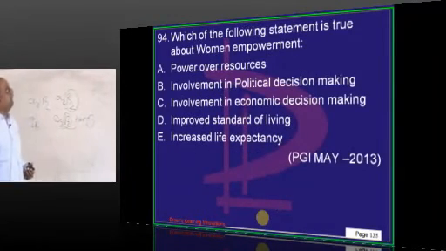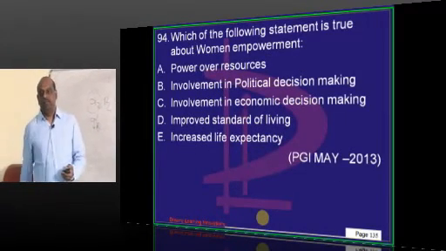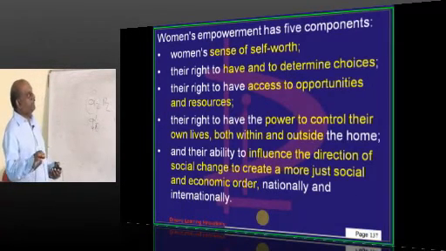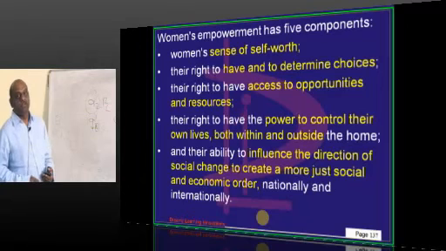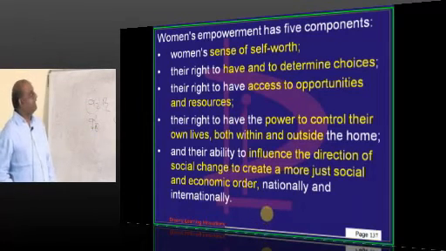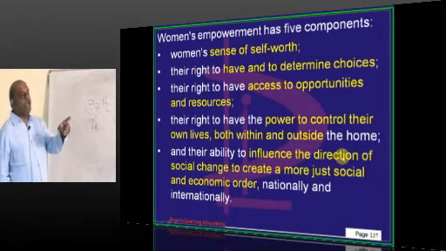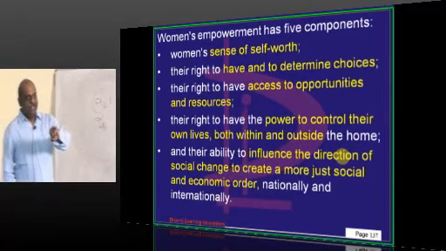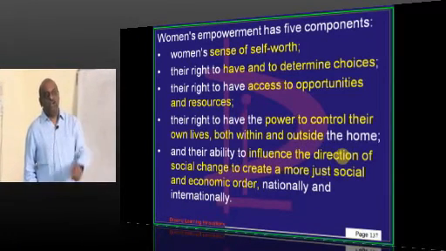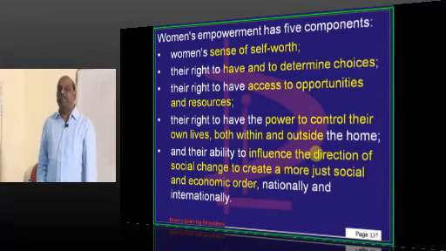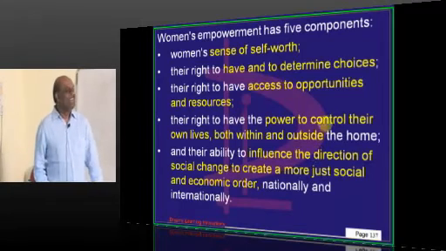Then doctor, women empowerment के अंदर क्या क्या शामिल किया गया? Women should feel a sense of self-worth. Does not mean men should start feeling worthless, right? Don't translate into antonyms of that. The right to have and to determine choices in counseling. That's the reason for women reservation in MD General Medicine. Counseling: first girls choose, then boys choose, whatever is left over. And all girls will choose general medicine, and what will be left over will be diploma gynecology for boys.